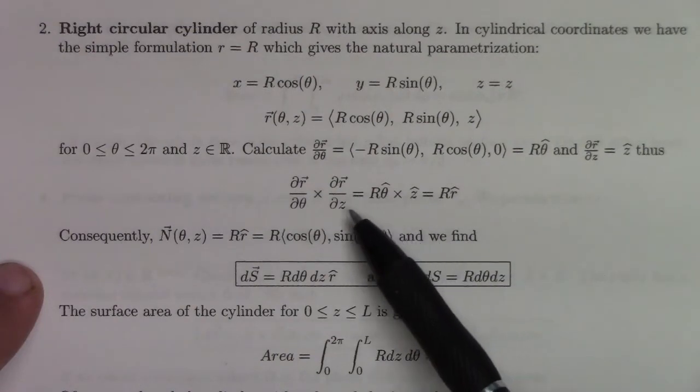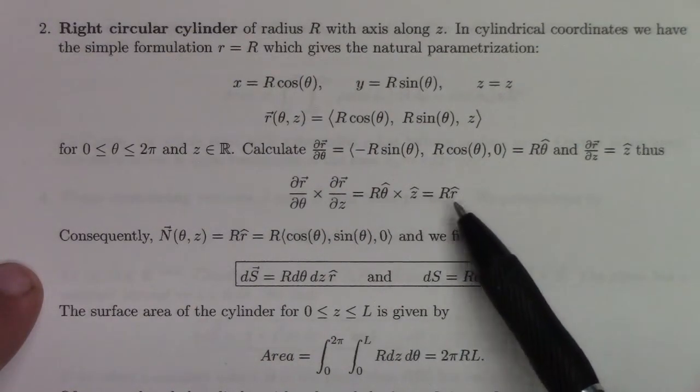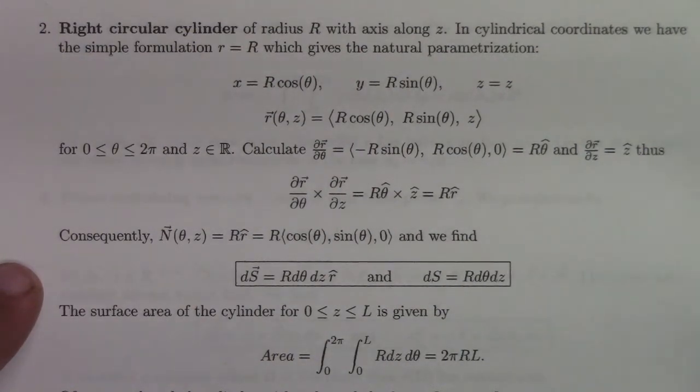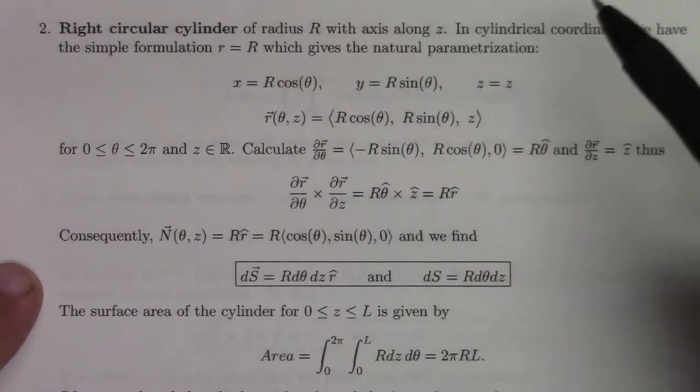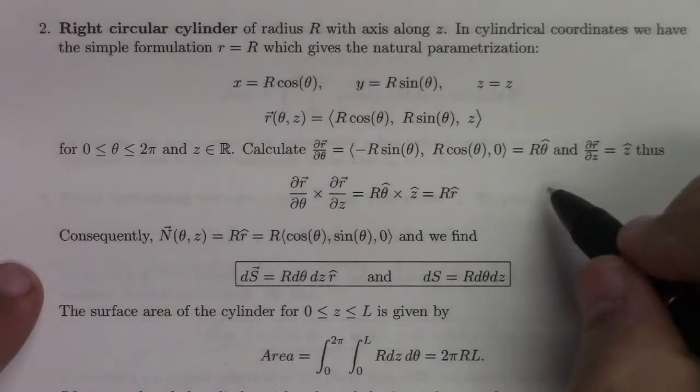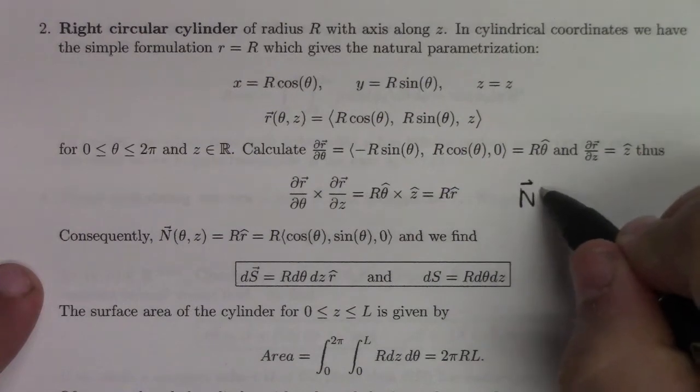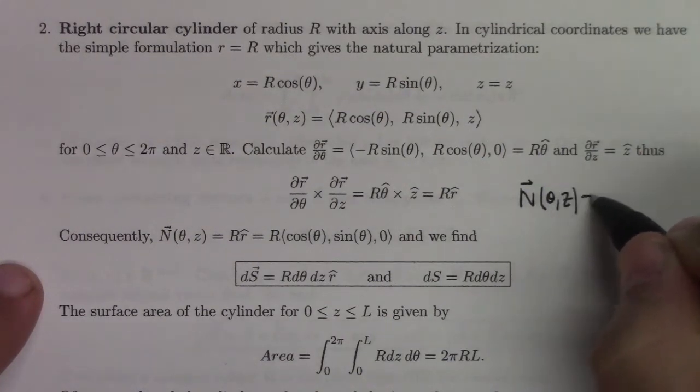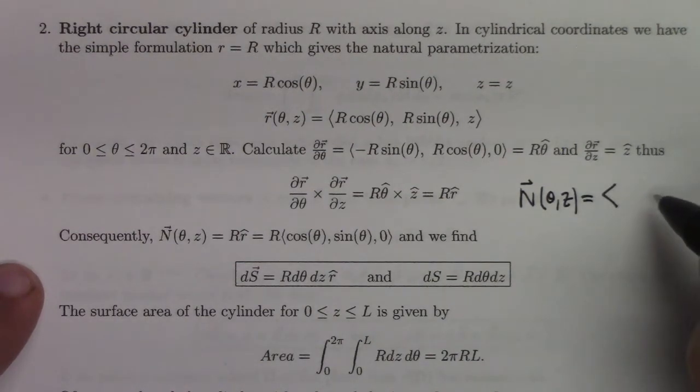That gives me the normal vector field r hat. Here, r hat, do I have it written anywhere? Well, the normal vector with respect to theta, z is literally r hat, which would be r cosine theta, r sine theta, 0.